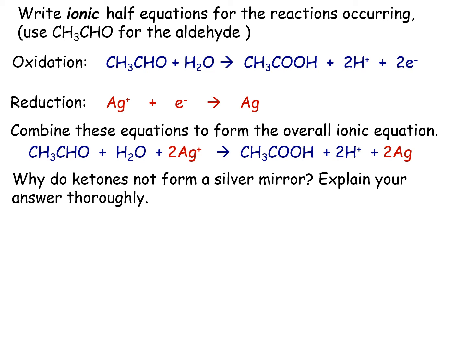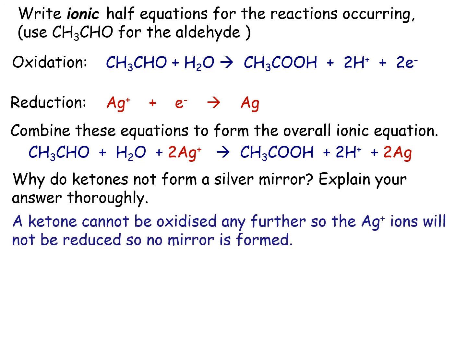So ketones can't be oxidized, therefore the silver ions aren't going to be reduced, and that's why you don't get the silver mirror. Okay, so you're bringing it back to that original question being asked. Okay, so I'll just pause there for a moment then so you can make a note of that. And like I say, just highlight the ionic half equations as something to come back to or to watch that video on.